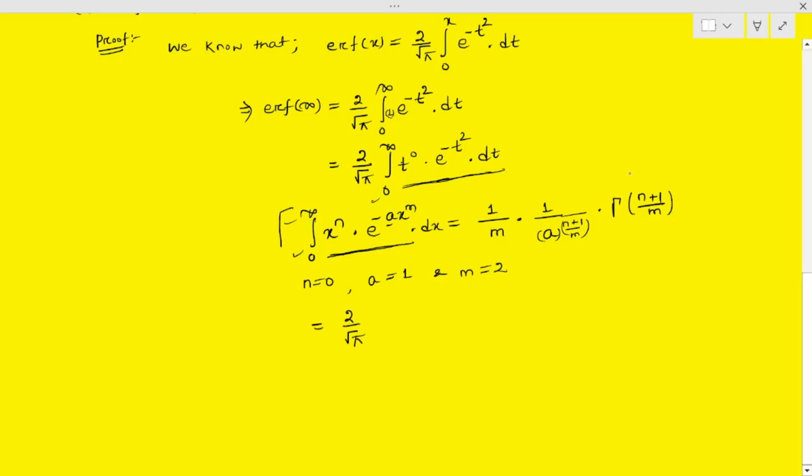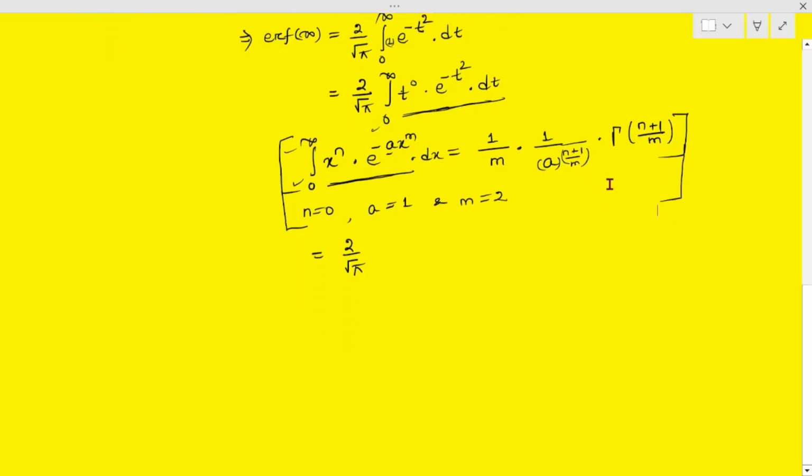Write it in the bracket itself; these things we already know. So this integral will be 2 by root pi into 1 by m, that is 1 by 2, into 1 by a to the power n plus 1 by m, that is 1 to the power 0 plus 1 by 2, into gamma of n plus 1 by m, that means gamma of 1 by 2.